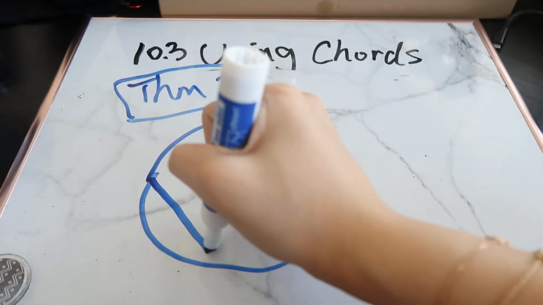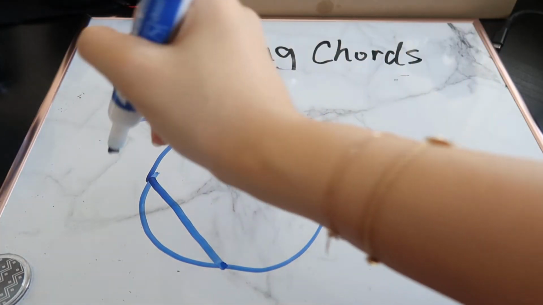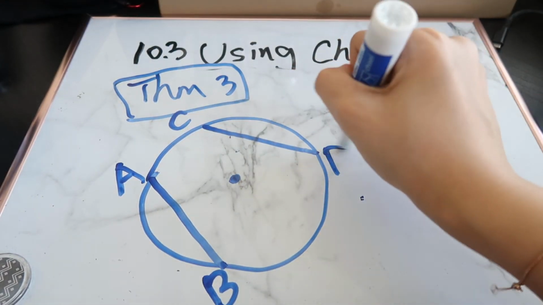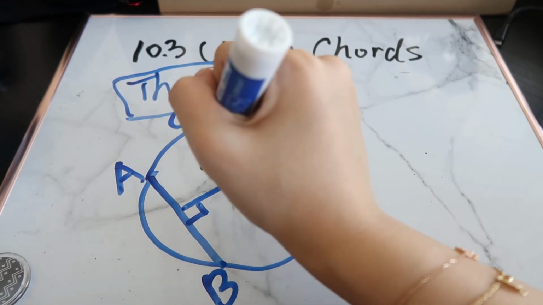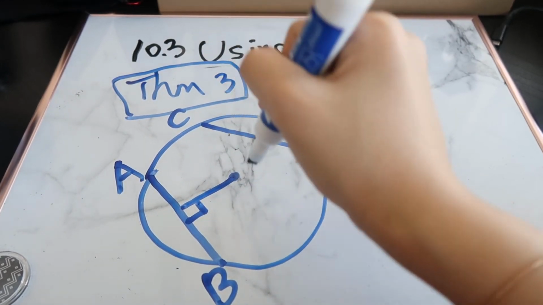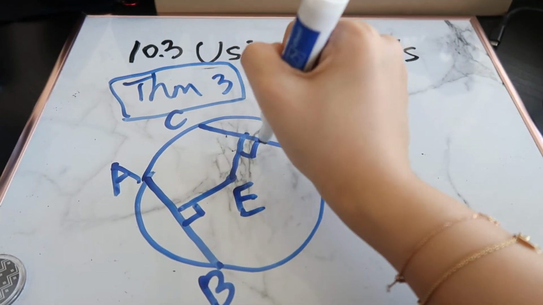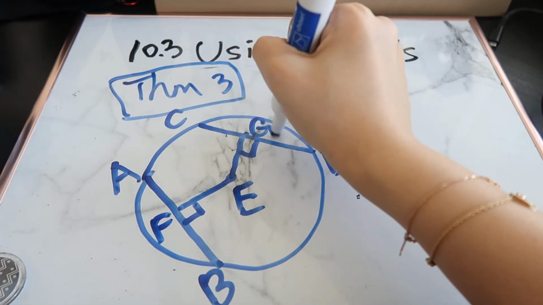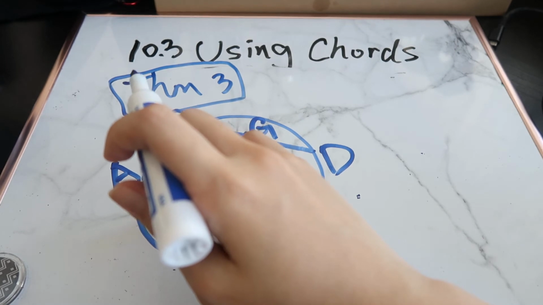Then we have 2 chords, and we name this A, B, C, D. Then we draw down 2 perpendicular segments. Let the center be E, and then this is F, G. Alright, so this is F, not P.